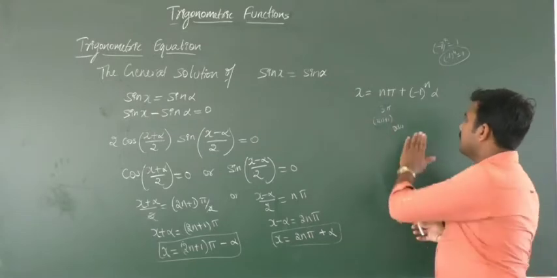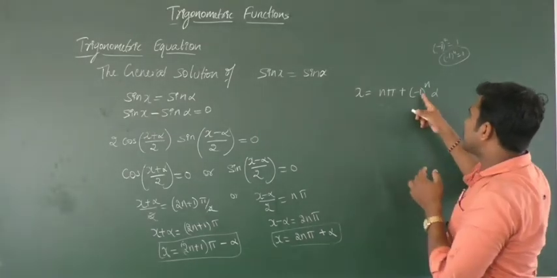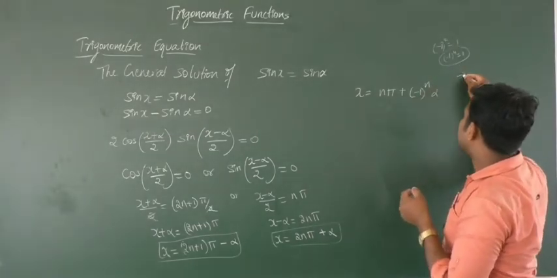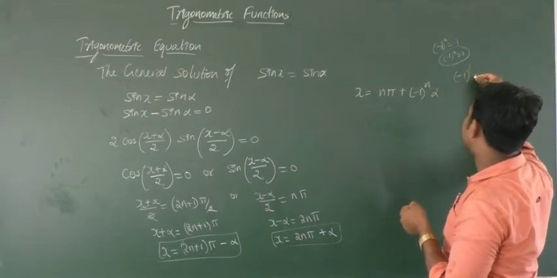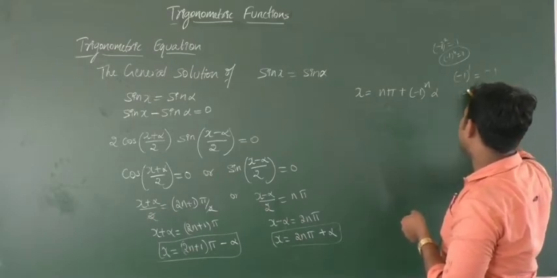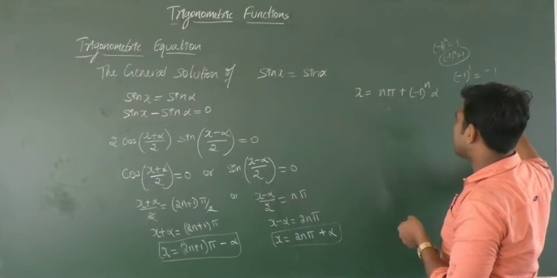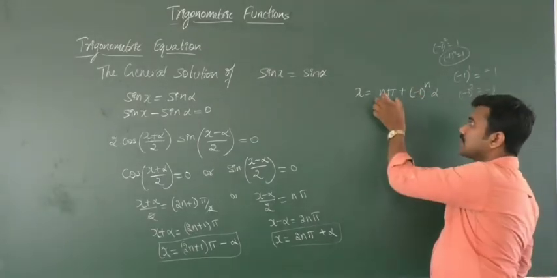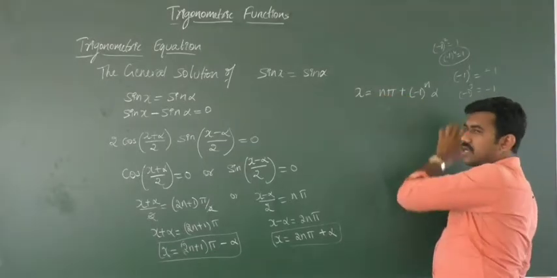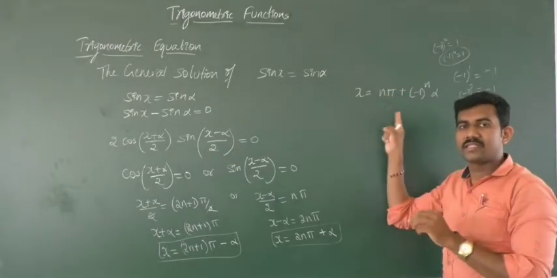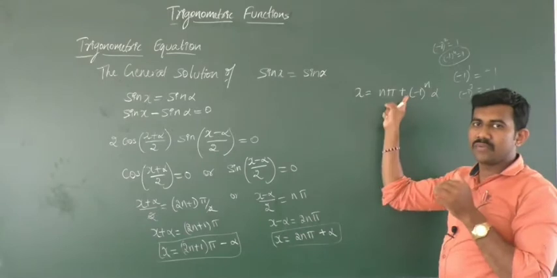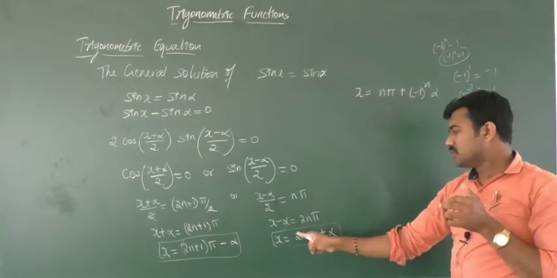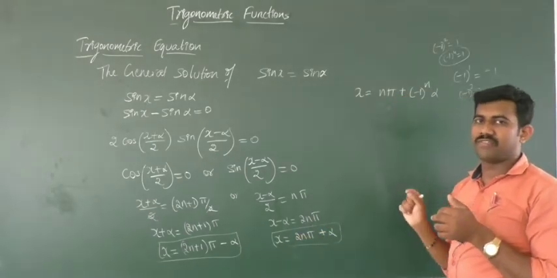Plus minus 1 to the power odd number: minus 1 to the power 1 is minus 1. Minus 1 to the power 3 is minus 1. So this sign becomes minus. So this is nothing but 2n pi minus alpha if you take n as odd. If you take n as even, we'll get 2n pi plus alpha.